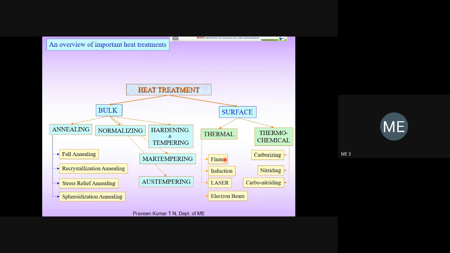We concentrate more on the cooling process, not the heating process. In flame hardening, an oxyacetylene flame is used for heating the material above the austenitizing temperature, around 727 degrees Celsius. Most of the time you heat around 800 degrees Celsius. Then water is immediately sprayed on the surface. Because of that, the surface gets hardened.